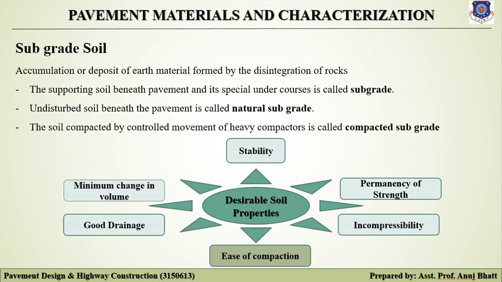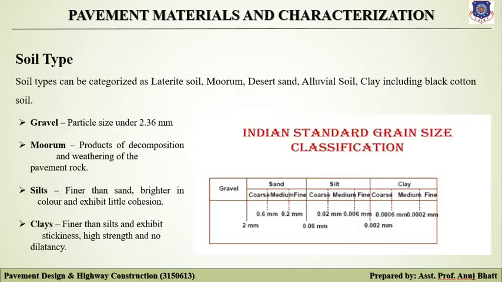Our next topic is types of soils. Soil types can be categorized as laterite soil, murum soil, which is sometimes called red soil, desert soil, desert sand, alluvial soil, and clay soil, which includes black cotton soil.